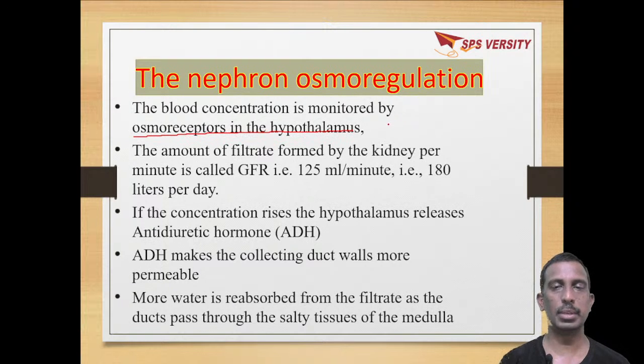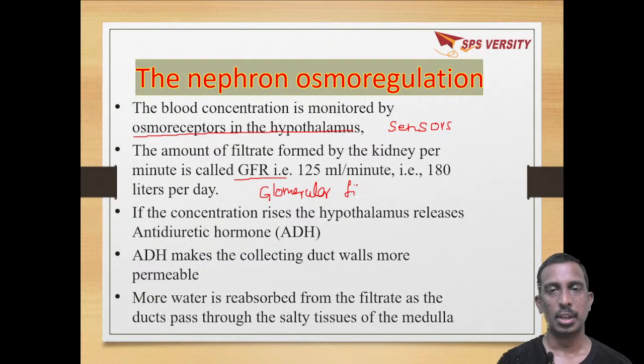The hypothalamus has sensors which detect changes in osmolarity. The amount of filtrate formed by the kidney per minute is called the glomerular filtration rate.